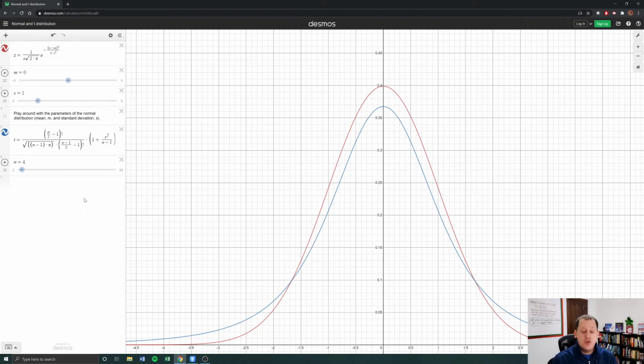The T distribution is very similar to the normal curve. The main difference is it's got those thick tails. And that accounts for the uncertainty of us not knowing what sigma is. When we're estimating sigma with S, we have to give ourselves a little bit more room for error, and that's what those thicker tails of the T curve allow us to do.